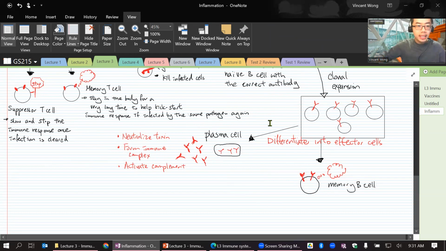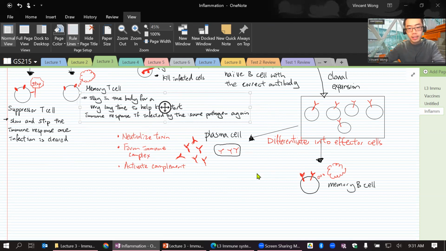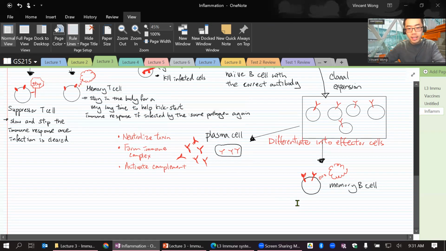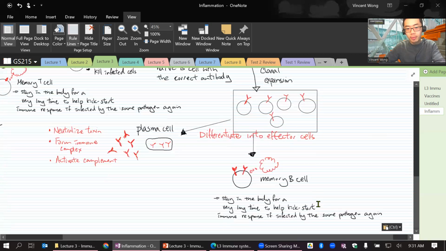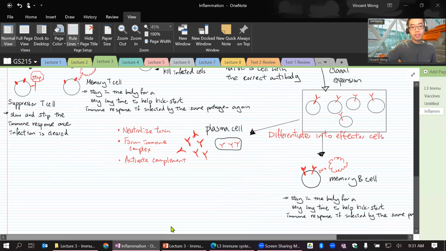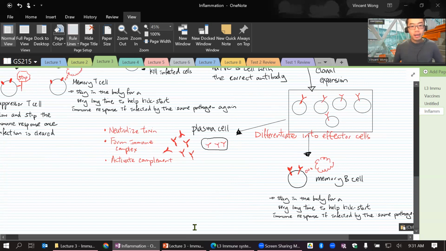I am just going to copy it, and then you can write it down later. It's the exact same function. So if you have fought off chickenpox before, you will have some memory T cells and some memory B cells for the chickenpox in your body right now.